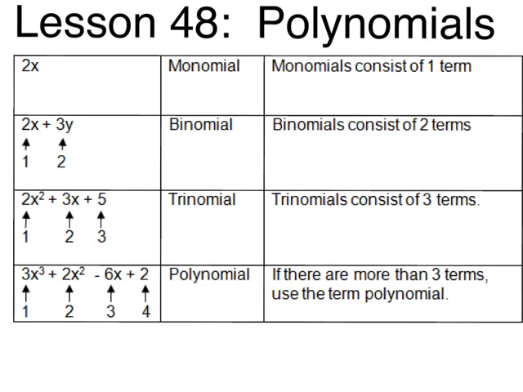All right, polynomial. Poly is a prefix that means many. Nomial comes from the Latin nomen, which means name. So, in mathematical terminology, if we have one single term, we call that a monomial. Mono means single, okay?